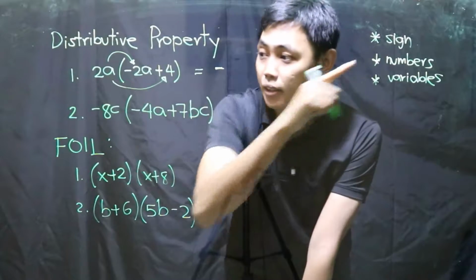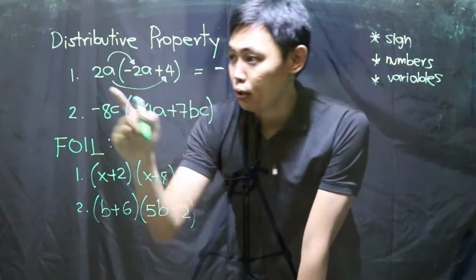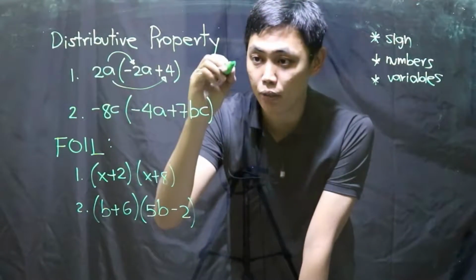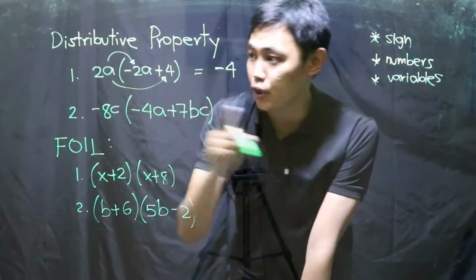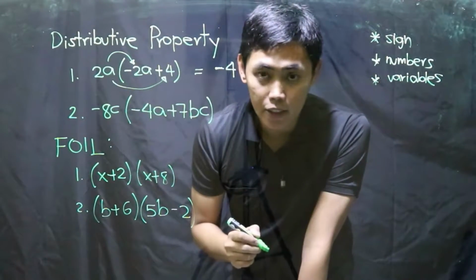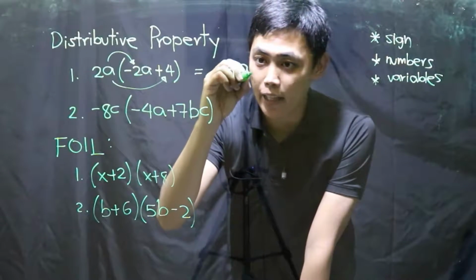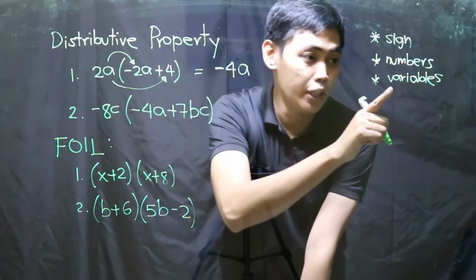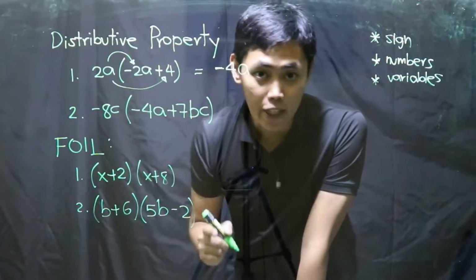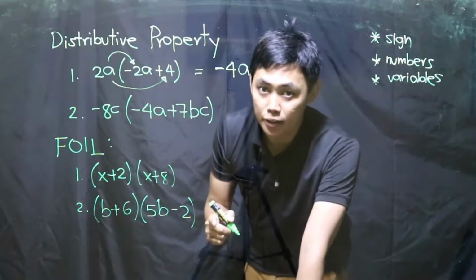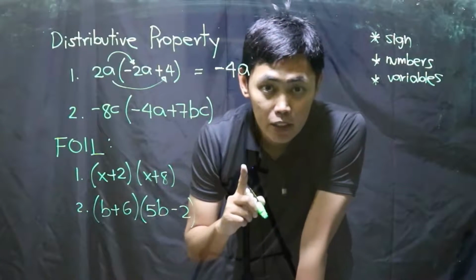Okay, that's done. Next, numbers. 2 times 2, that is 4. Done. Variables. A times a, that is a. Then, since we're doing multiplication of variables, we will follow the rules of exponent. What rule again?